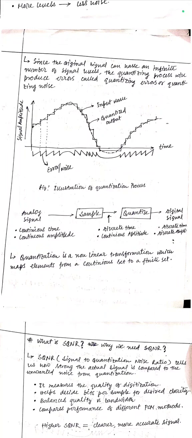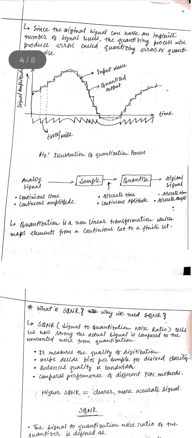After we sample it, the signal has discrete time and continuous amplitude, and when we quantize the PAM signal, we get the digital signal which has discrete time and discrete amplitude. Quantization is a non-linear transformation which maps elements from a continuous set to a finite set.